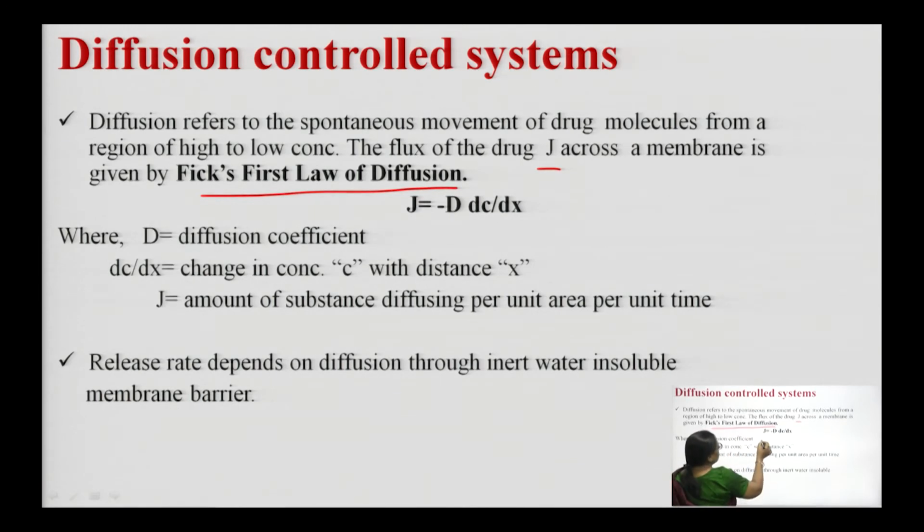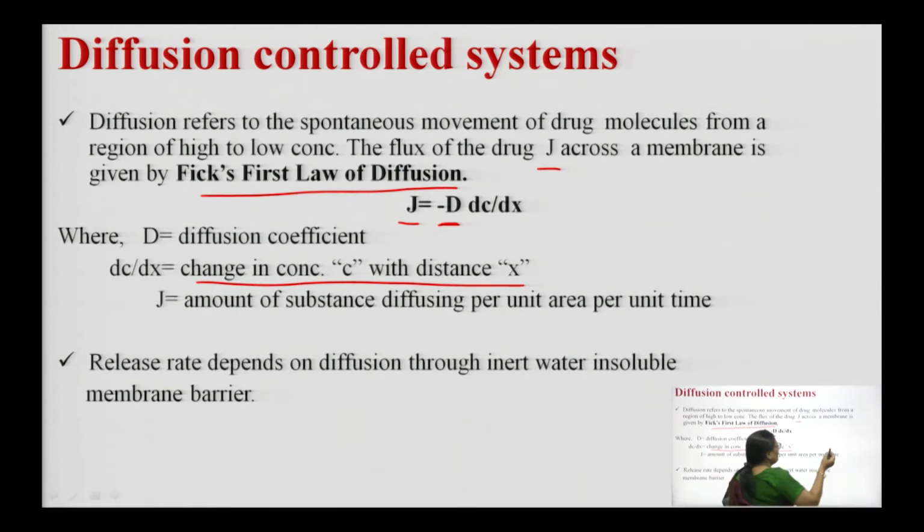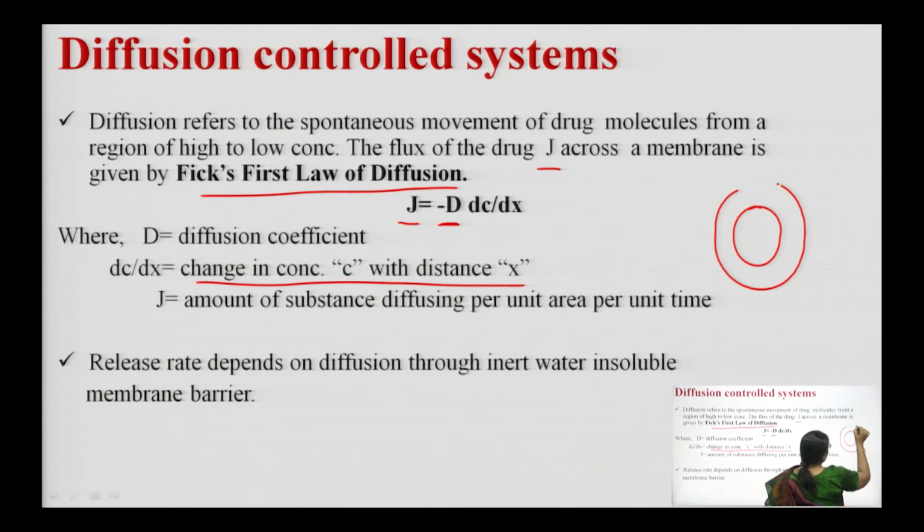So, here you can see flux is directly proportional to the diffusion coefficient D of the drug, and it is also directly related to the change in concentration with the distance x of the drug. Supposing we are talking of a diffusion controlled reservoir type of system, in that case this distance x will be the thickness of the coat.